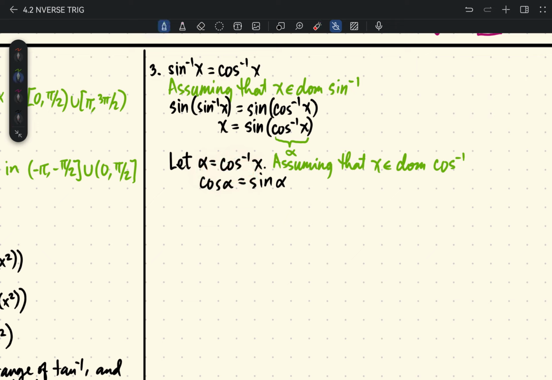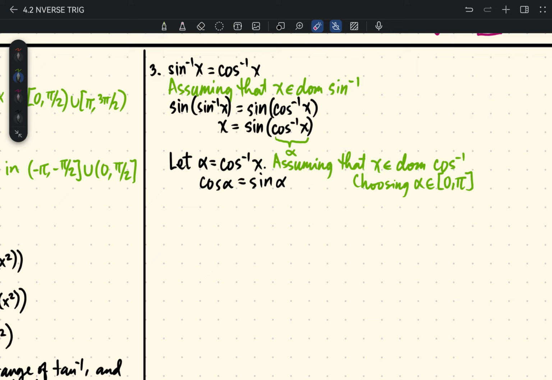So we are choosing alpha in the range of cosine inverse. And the range of cosine inverse is 0 to pi. And if you're in 0 to pi, when does cosine alpha become equal to sine alpha?